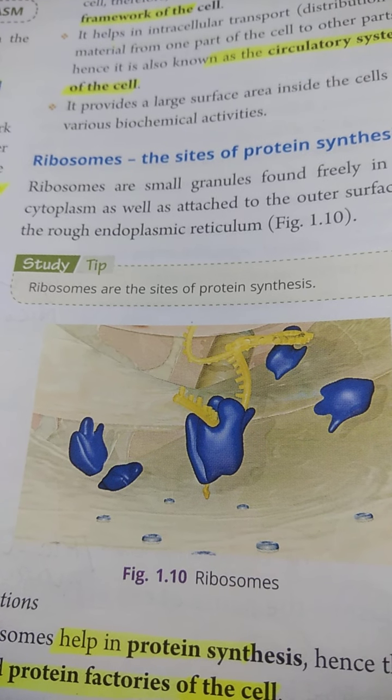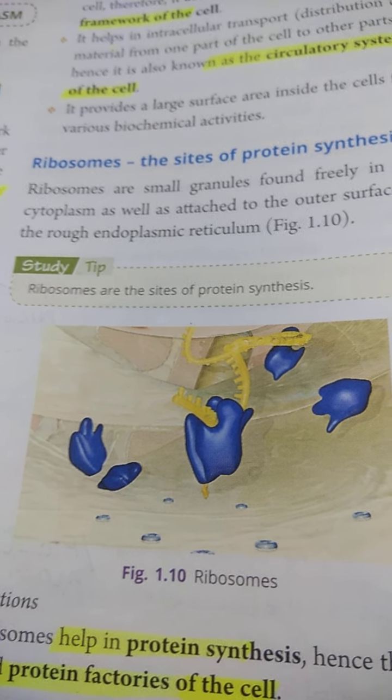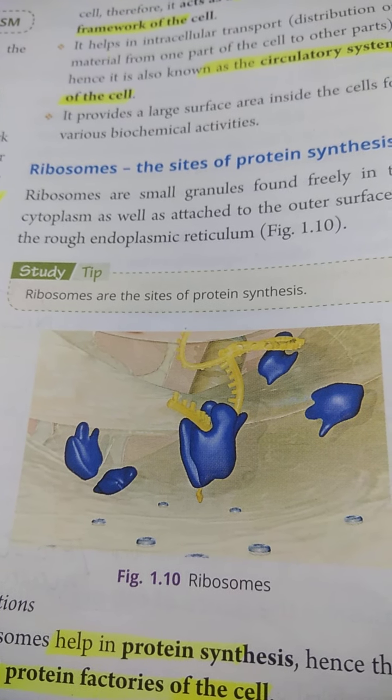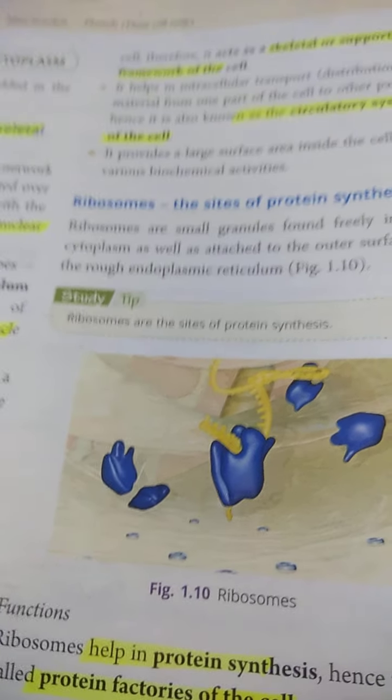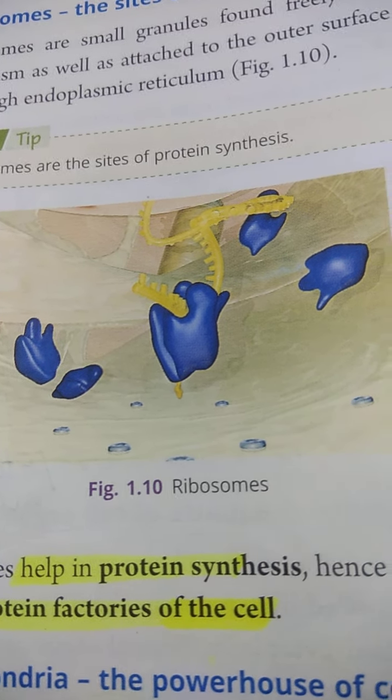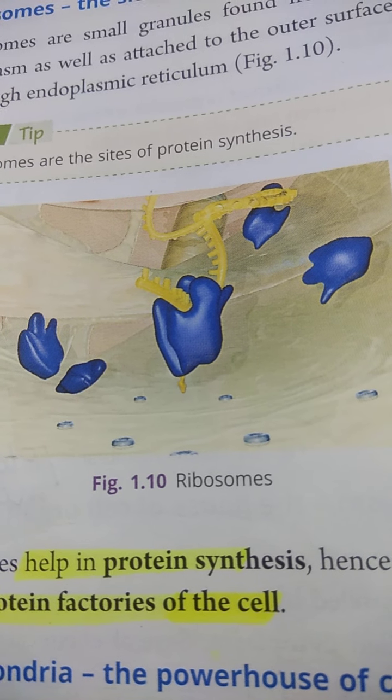It is also known as the protein factory or factory of the cell. Why? Because it helps in synthesis of protein. Ribosome consists of two subunits, a smaller subunit and a larger subunit.